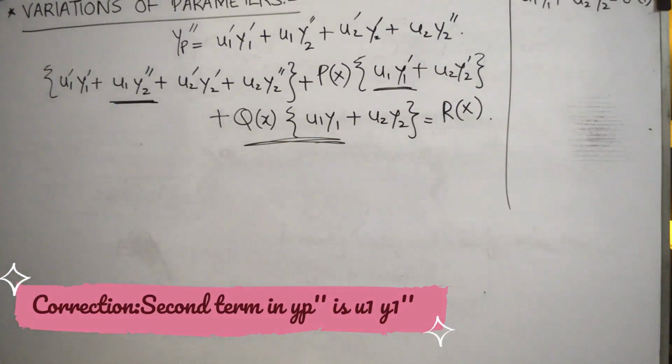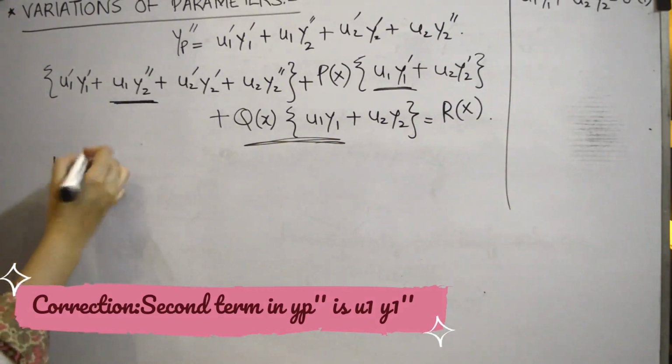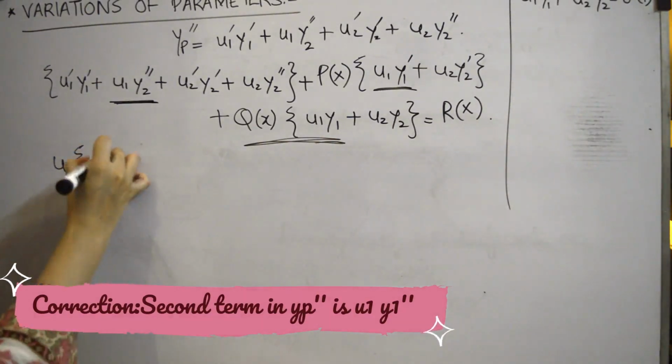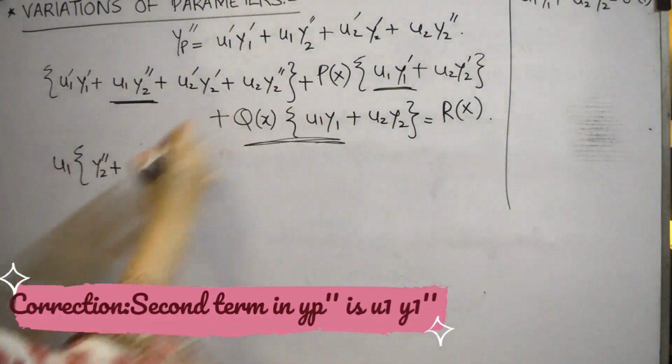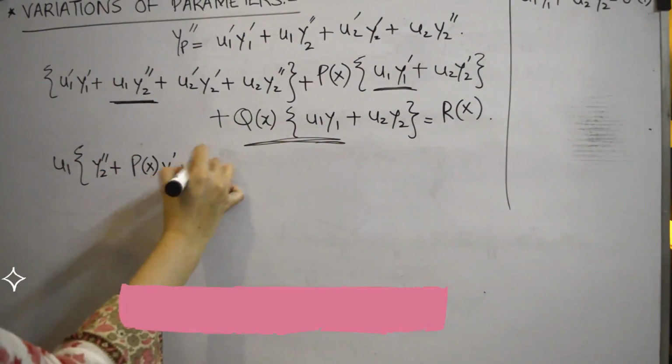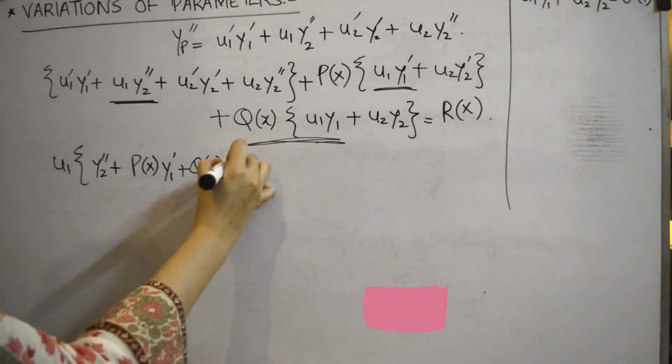So by taking it common, that becomes u1 into y1 double dash plus p of x y1 dash plus q of x y1.